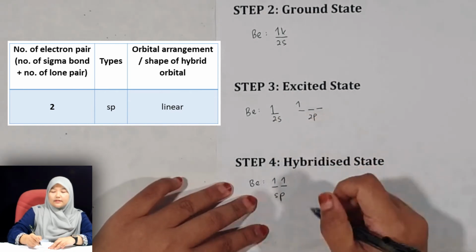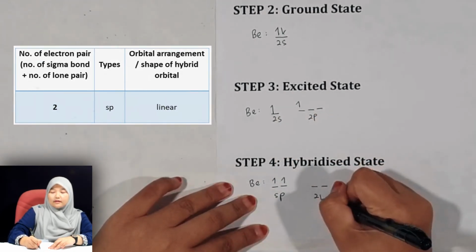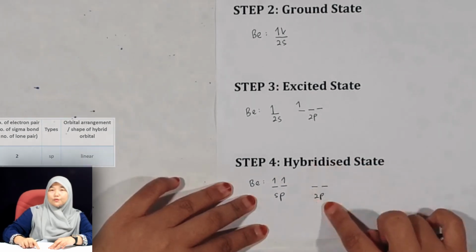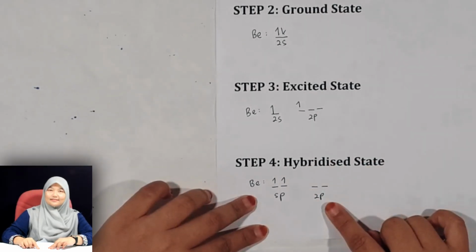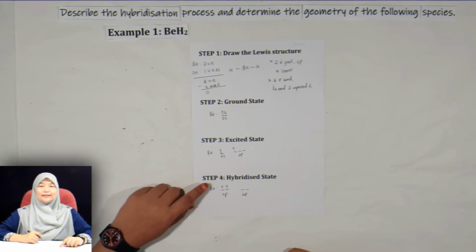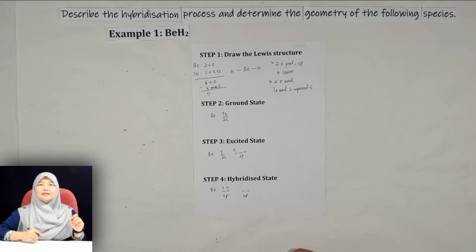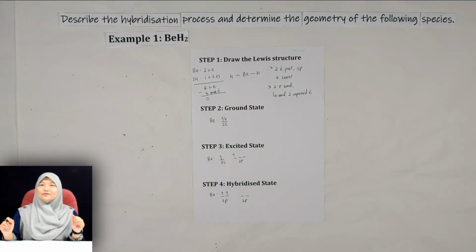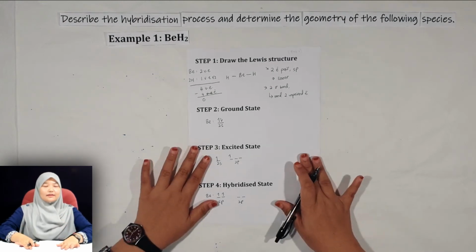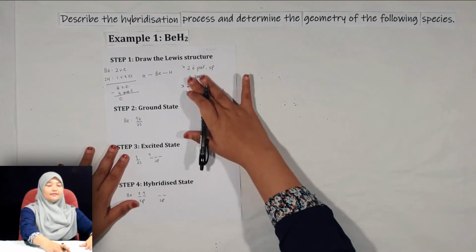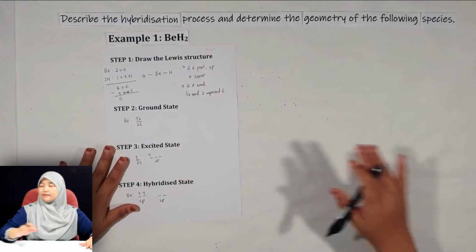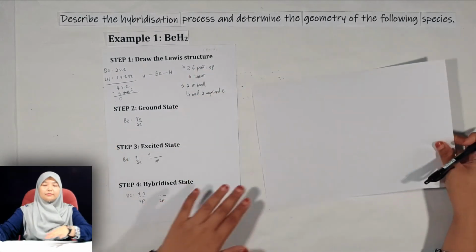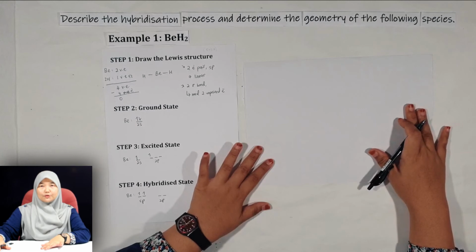So yang dua ni tadi adalah empty 2p orbital. Okay, so dah step keempat. Seterusnya adalah step yang kelima. Kita akan lukis hybrid orbital tersebut. Okay, so berdasarkan semua benda yang kita dah tulis ni tadi, kita akan lukis hybrid orbitals untuk BeH2.